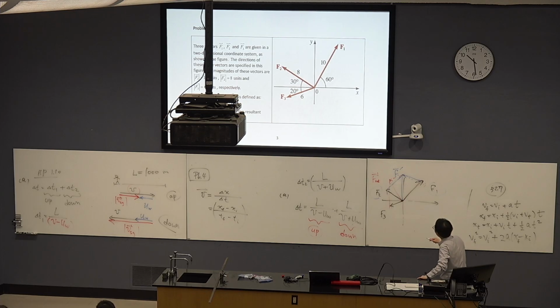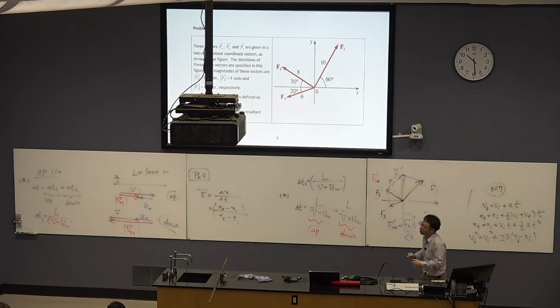If you do the computation correctly, F net should be equal to something like Fx times i hat plus Fy times j hat. When you do the computation, you know whether this Fx will be positive or negative. Negative, okay, it will be negative if my graph was correct. If my graph is correct, then this Fx is negative, and this Fy will be positive, right? So then you know the two components of F net.